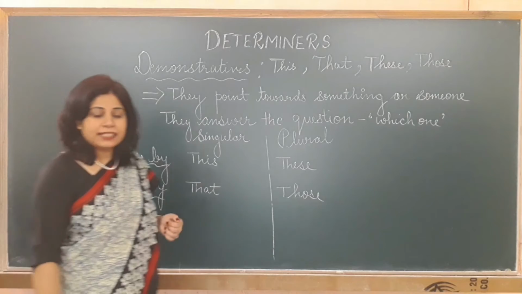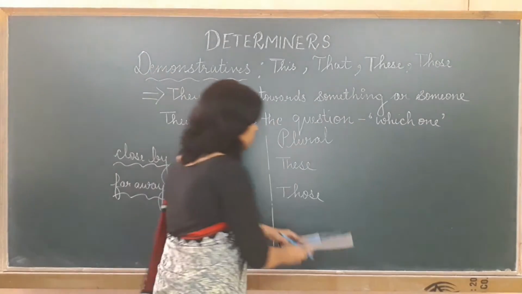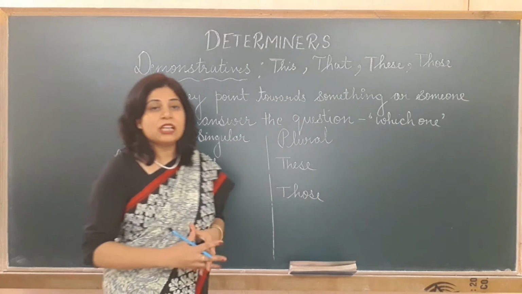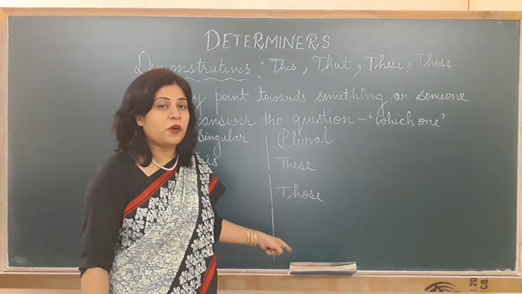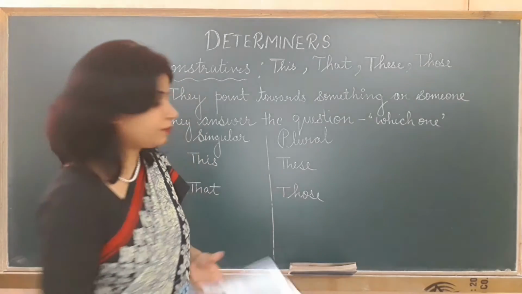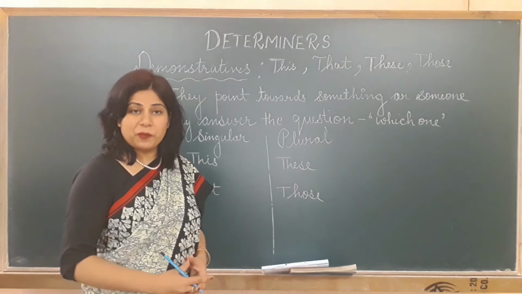Let me explain with an example. Here I have one book, singular in number, and it is near to the speaker. It is near to me. How will I point it out? This book is very informative. And if there is more than one book, these books are informative.